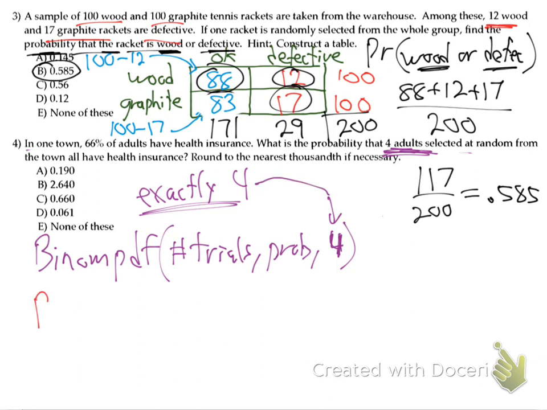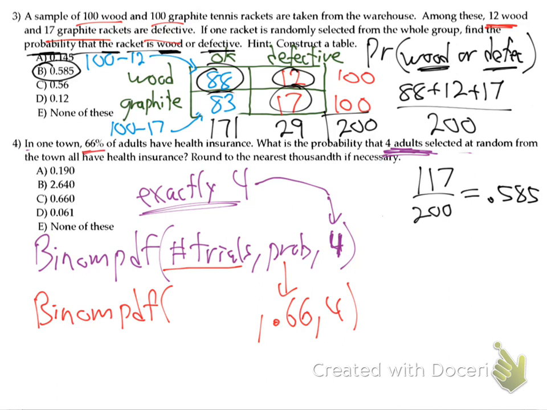Okay, now that still leaves a little mystery. What is the number of trials? Well, the probability would be the 0.66. So that's the probability. What's the number of trials? Yeah, it's also 4.